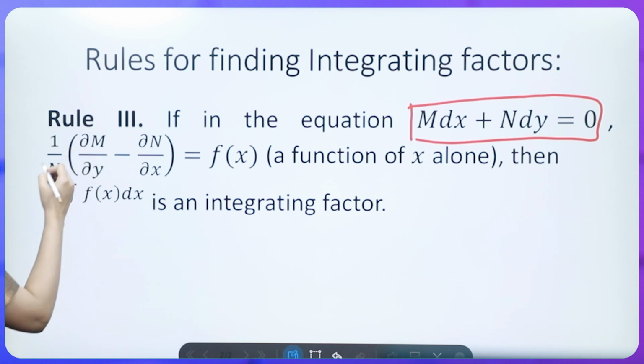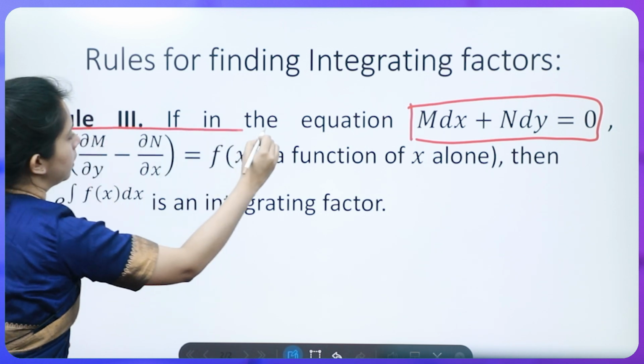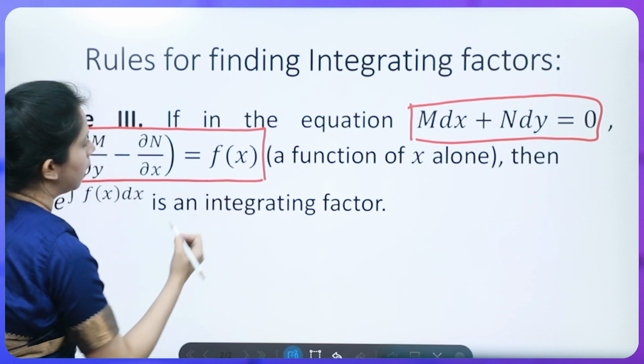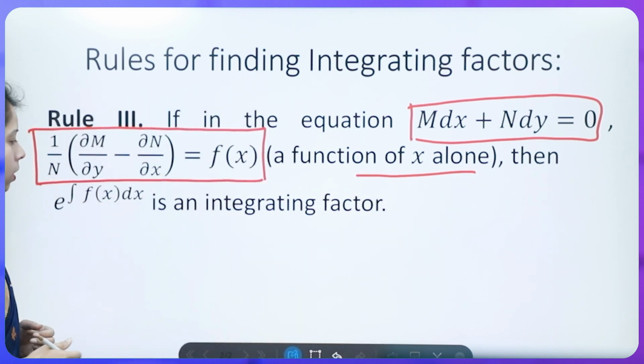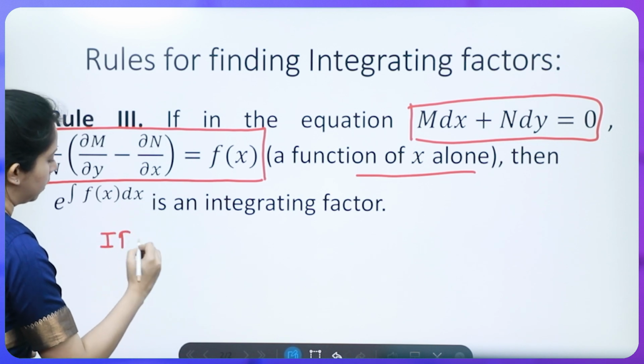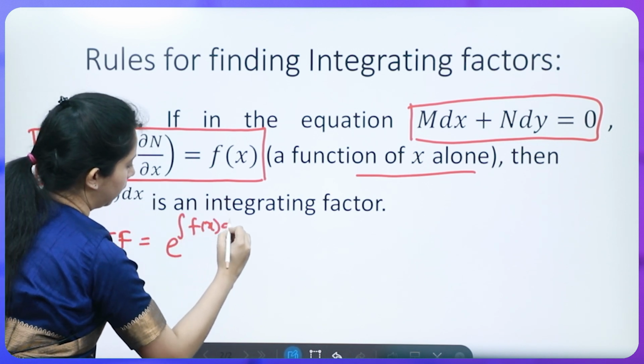we have 1 upon N into (del M by del y minus del N by del x), and it is a function of x alone, then for such equations the integrating factor is given by the formula e raised to the power integral f of x dx.